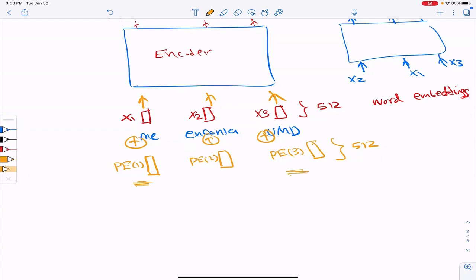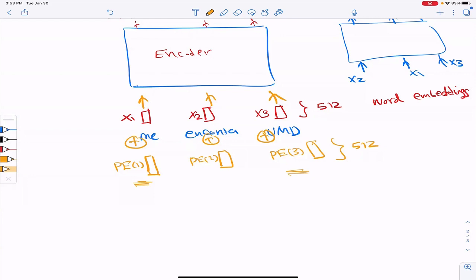There should be a one-to-one correspondence. But with that constraint, basically you can use whatever you want, right? So you can use different functions to generate these vectors. The only constraint here is that you don't want to have collision. You don't want to have two positional embeddings be the same in different positions.